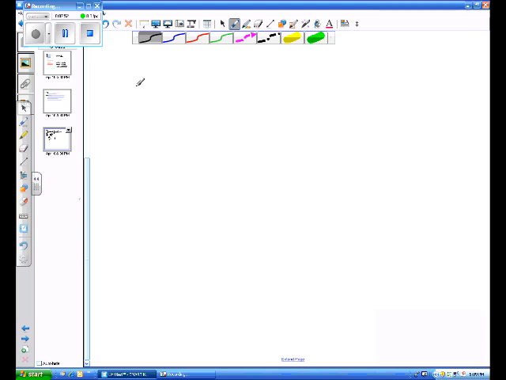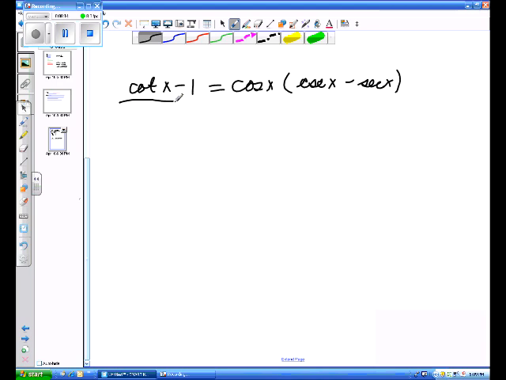Let's take that the cotangent of x minus 1 is equal to the cosine of x times cosecant of x minus secant of x. Now, we're only going to work on one side.